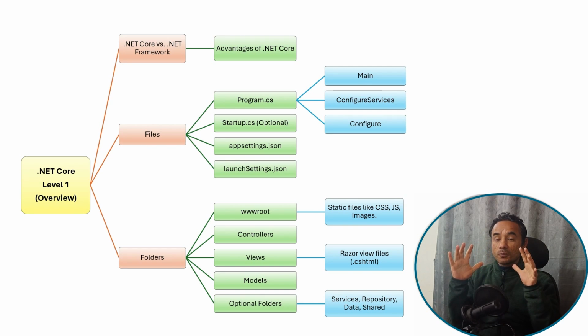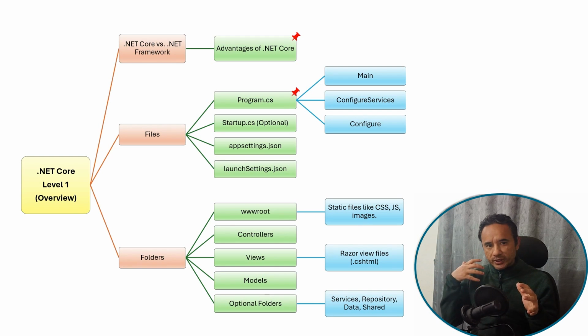Now here, from the interview perspective, the advantages of .NET Core and the program.cs file and all its methods are very important to know. Now, as I said, please note down if you don't understand anything from this, and then learn it later. Okay, this is just the basics of .NET Core.